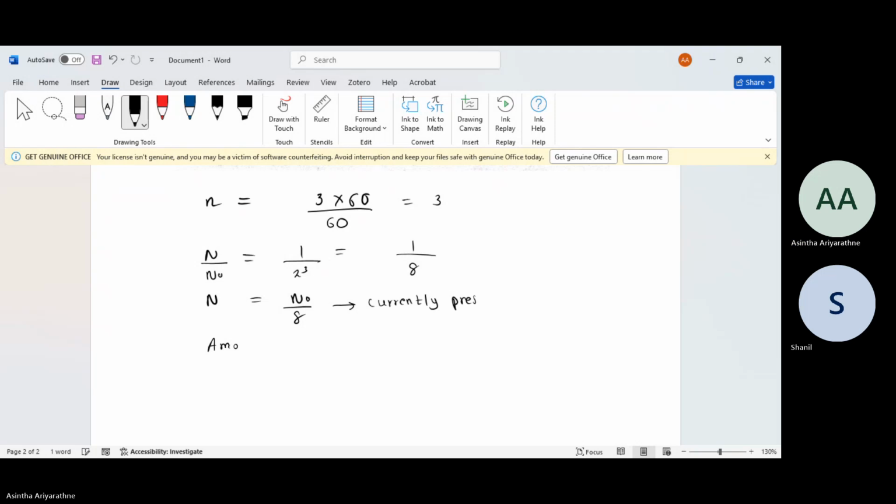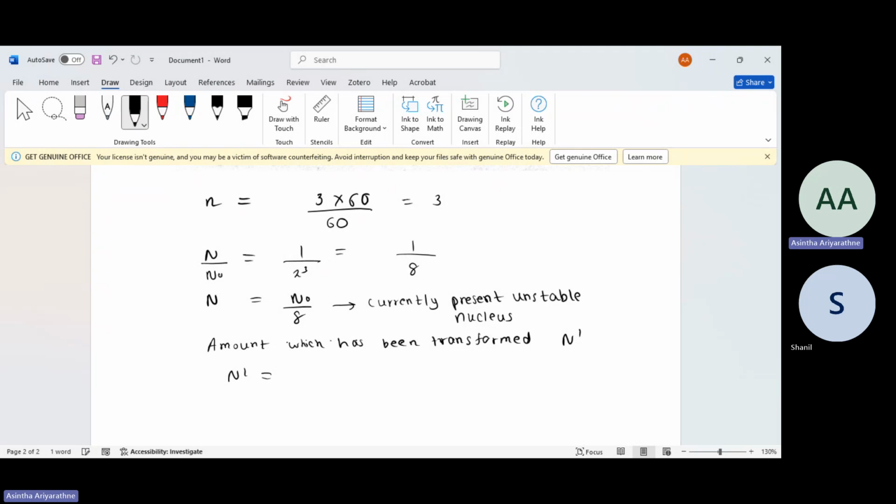The amount which has been transformed is N naught minus N dash.